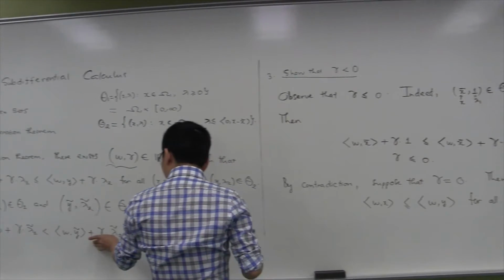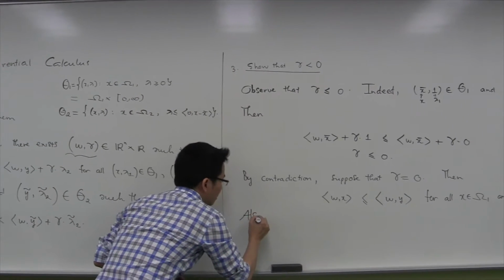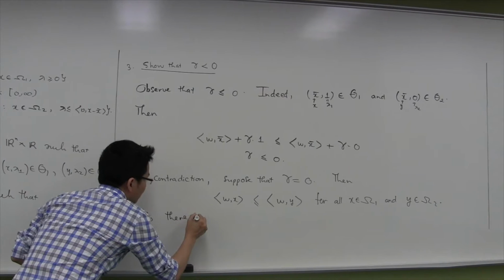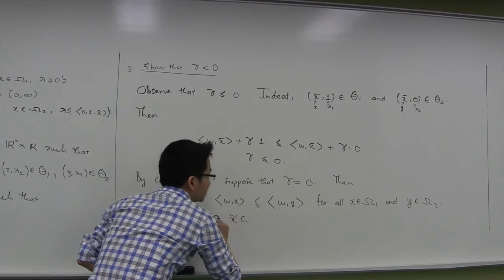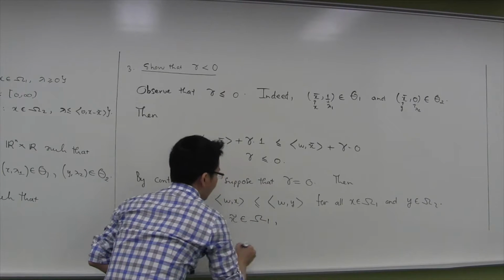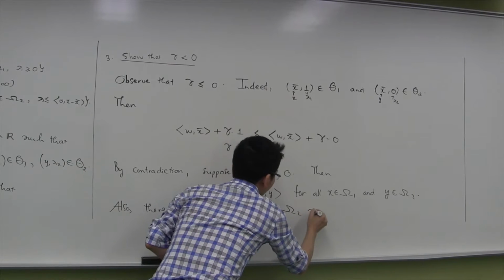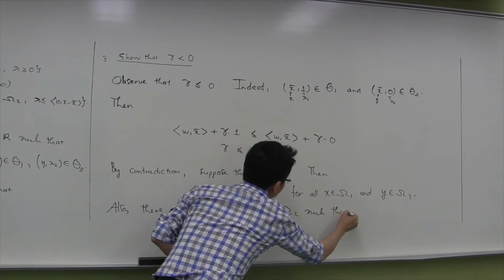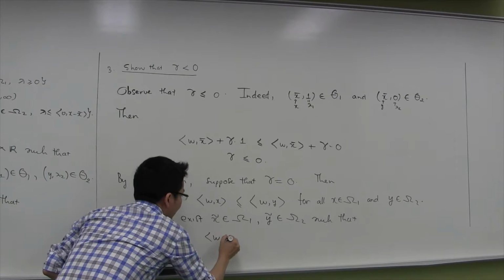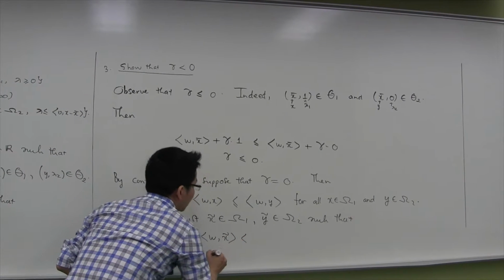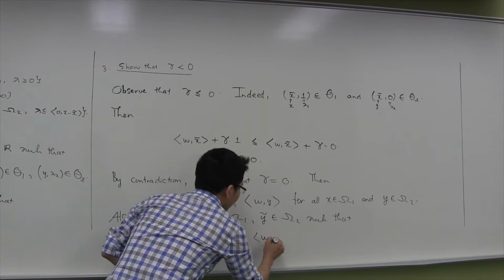And from the second property, there also exist x tilde in omega 1 and y tilde in omega 2 such that the inner product of w and x tilde is strictly less than the inner product of w and y tilde.